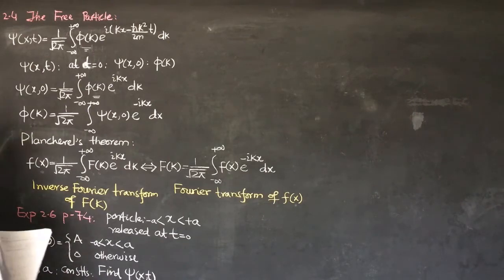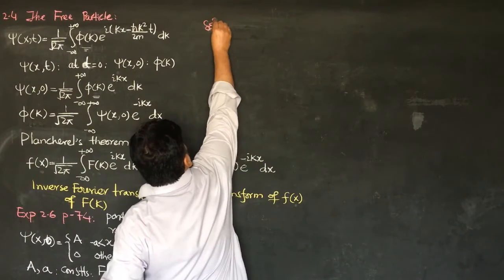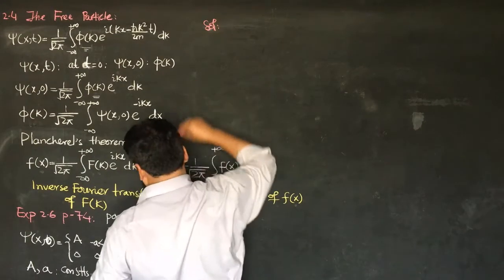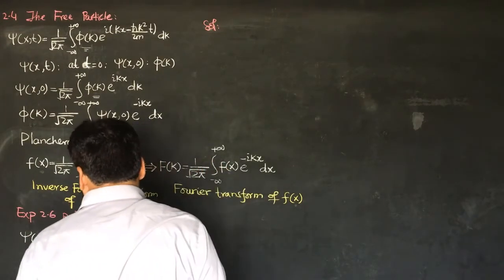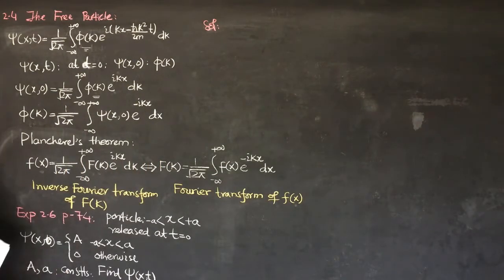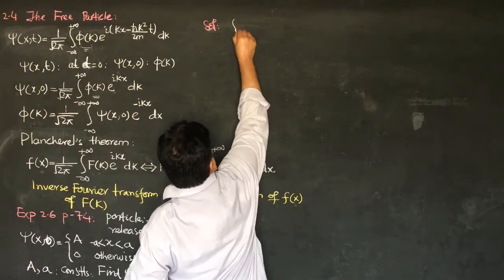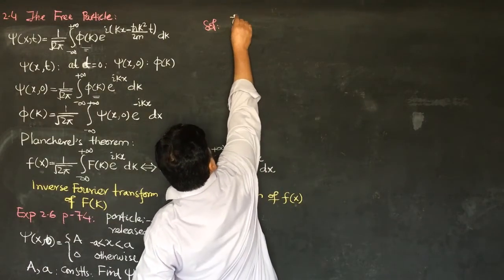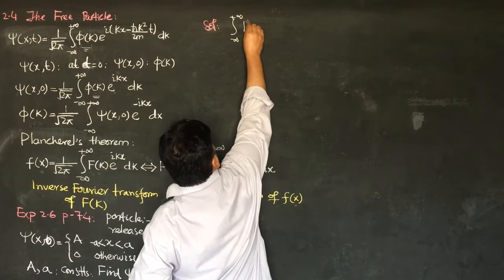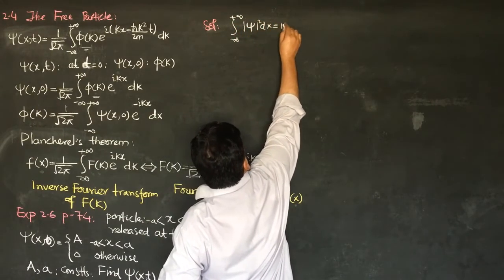So the very first thing, let me solve the problem. The very first thing is that we will have to normalize our wave function. So our normalization condition is that the integral from minus infinity to plus infinity of |ψ|² dx will be equal to 1.